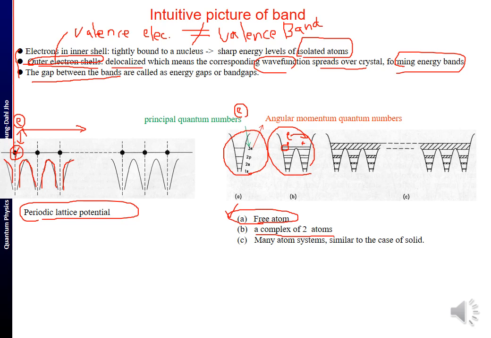So their energies should be different now. So the original single energy state should split into two. Okay. So when there are two electrons moving around between different atoms, then there is energy splitting.